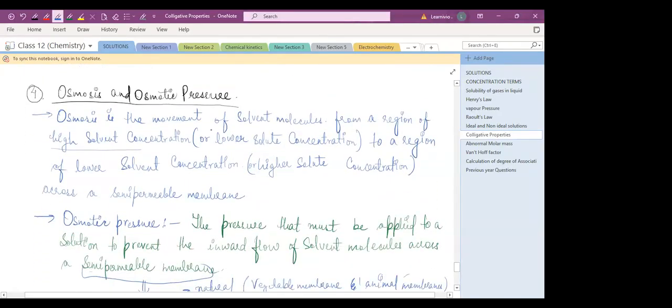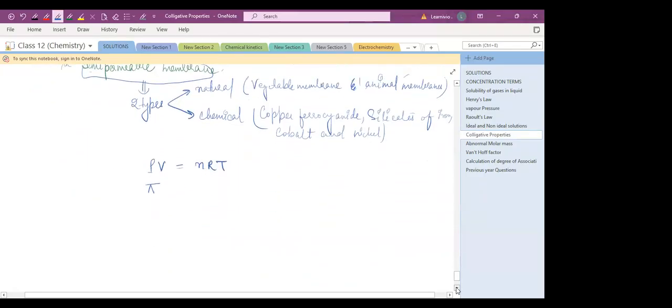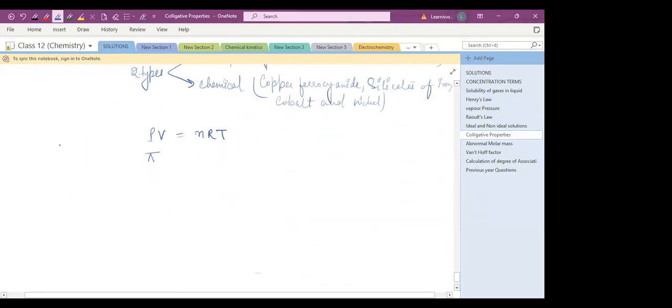So we know PV equals nRT from the ideal gas equation, so pi V equals nRT here, right?